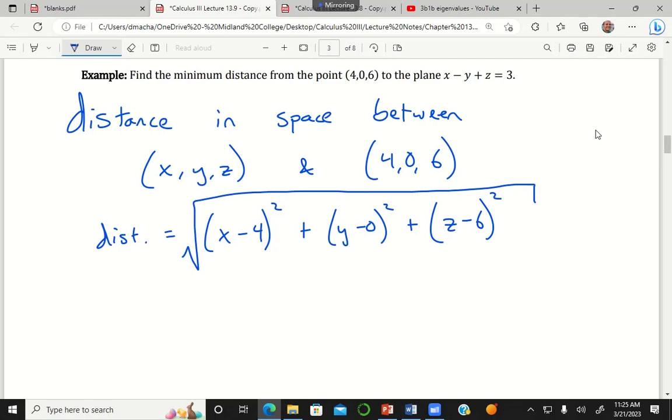In other words, this would be the norm of the difference between those points.